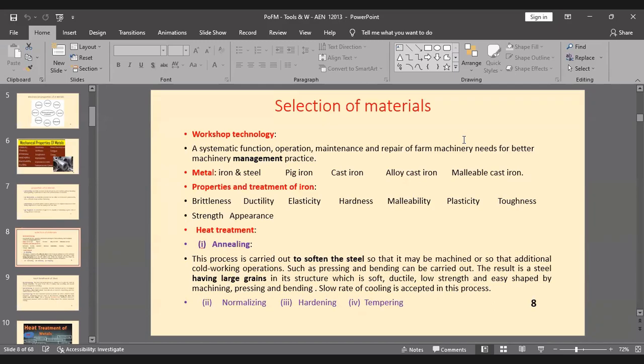That is enough. Okay, you remember annealing, normalizing, hardening, and tempering. Tempering means intermittent heat application to metal. That is known as tempering, intermittent heat application.